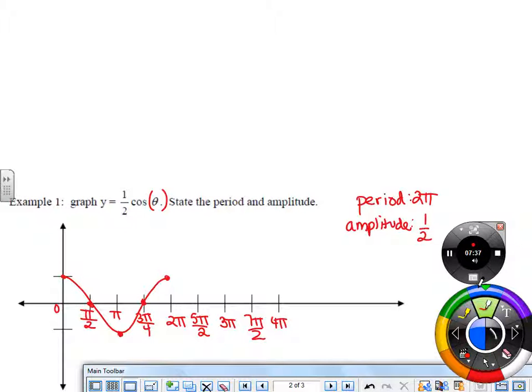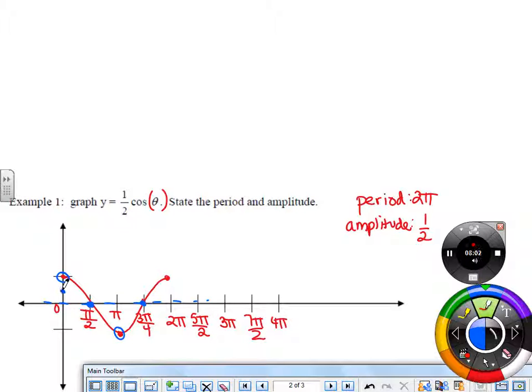So how our final graph is going to look, this axis is not getting shifted at all because we're not moving anything up or down. All that's changing is the amplitude. So these points are going to stay. So we're not moving the graph. But these points that were our maximums or were our minimums and they were 1 unit away are now only going to be half a unit away because our amplitude is 1/2.